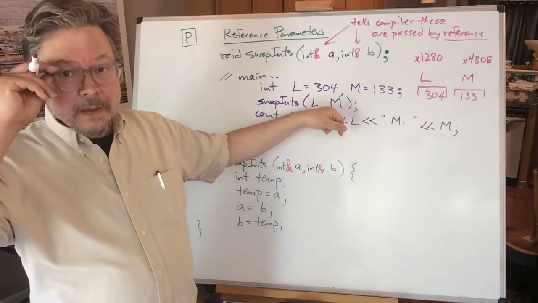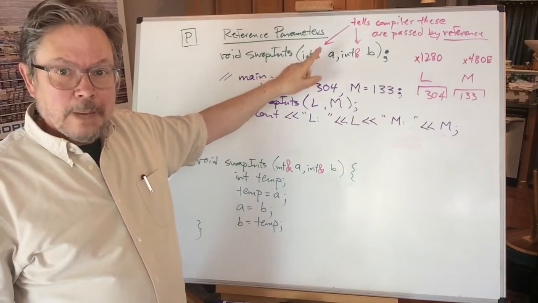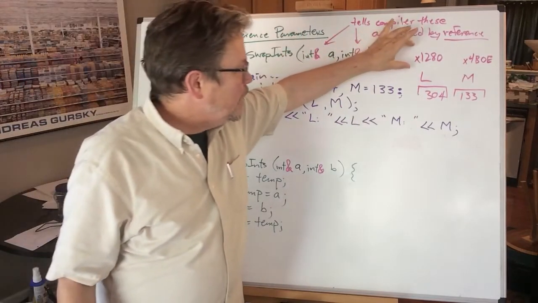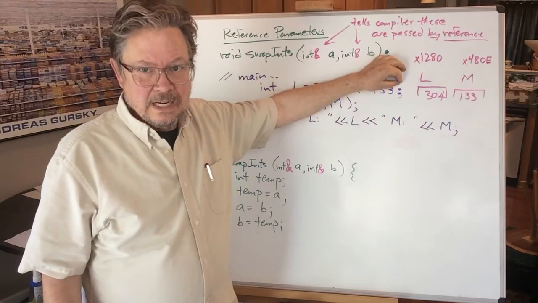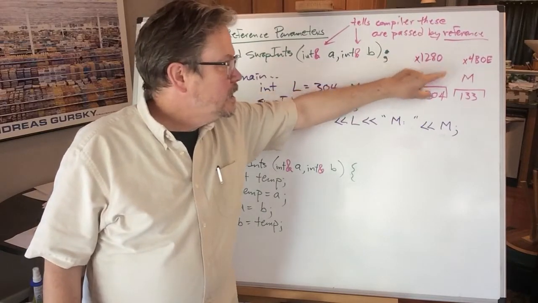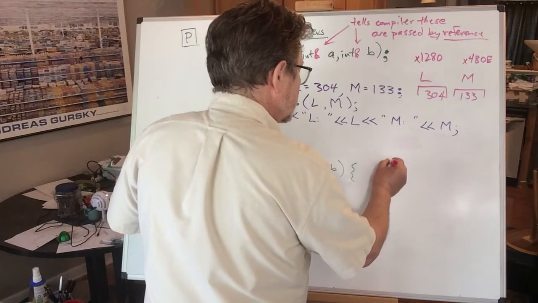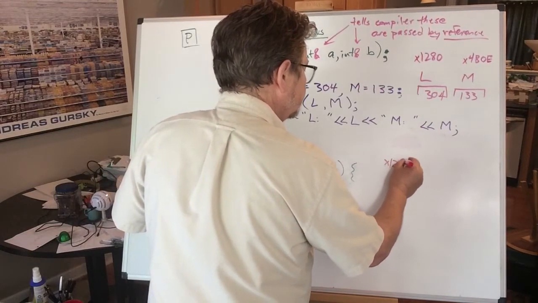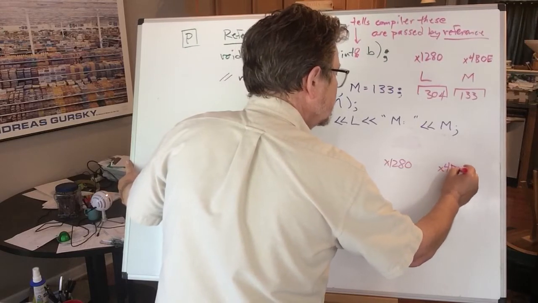Because these are set up with the ampersand, the all-important ampersand, it's passing by reference, which means it passes in where those variables live in memory. So it's passing in hexadecimal 1280 and hexadecimal 4B0E. And here they are. They arrive down here at the function. Hexadecimal 1280 and hexadecimal 4B0E.